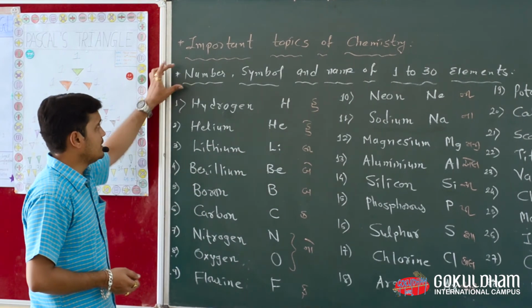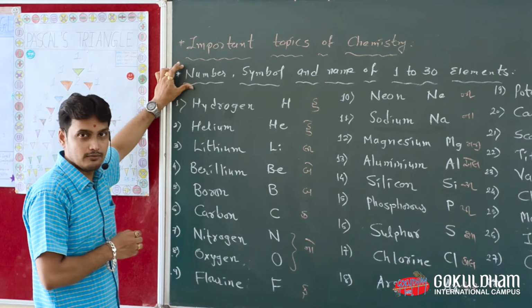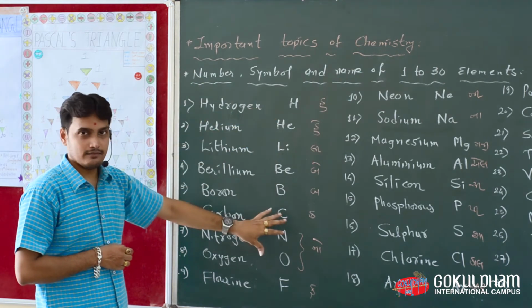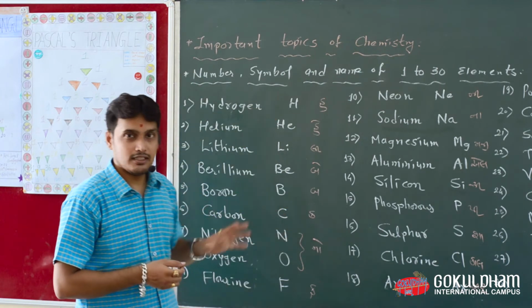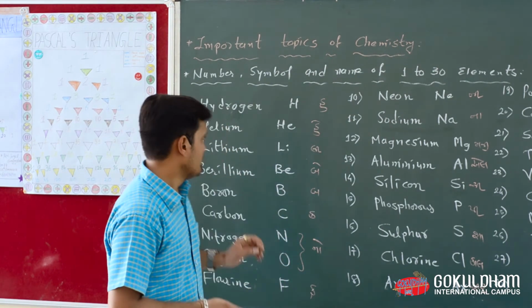now this is the most important topic which is discussed over here for chemistry. If you don't know these elements, then you never understand the theories of chemistry starting from the first chapter.